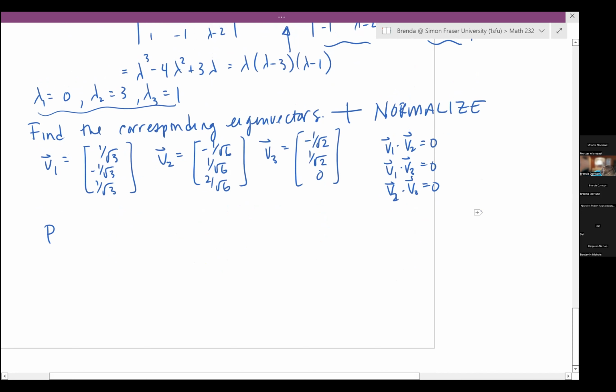Then we can write out the matrix P, and it is an orthogonal matrix, meaning the columns are orthonormal and they correspond to the eigenvectors.